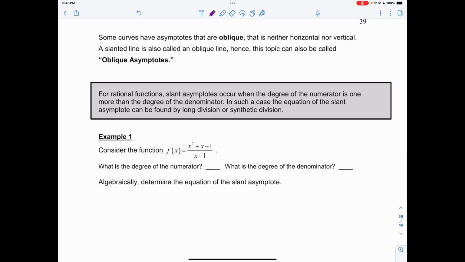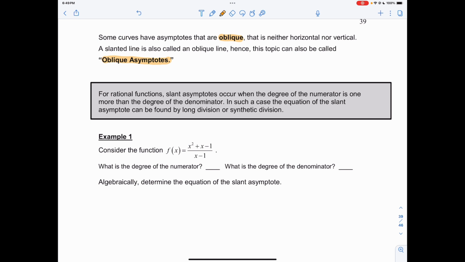So, some curves have asymptotes that are oblique. That is, it is neither horizontal nor vertical. A slant asymptote is also called an oblique line, hence this topic can also be called oblique asymptotes. Slant asymptotes or oblique asymptotes.